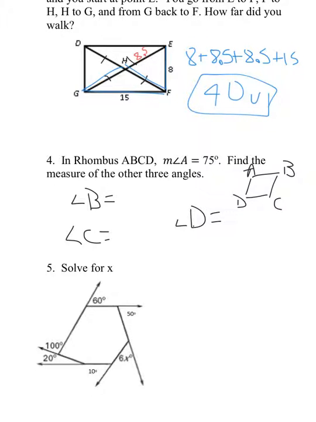So if A is 75, C is 75, right off the bat. Opposite angles congruent.